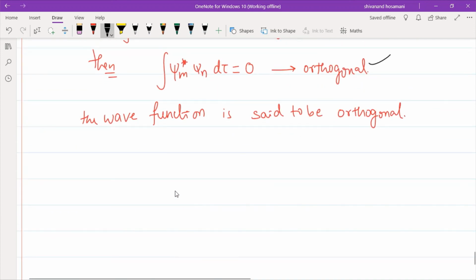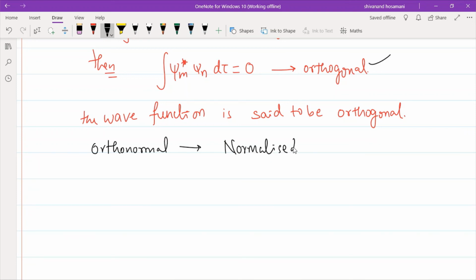So it means these wave functions are called orthonormal, because both are normalized themselves and they are orthogonal with each other. That's why these are called orthonormal wave functions.